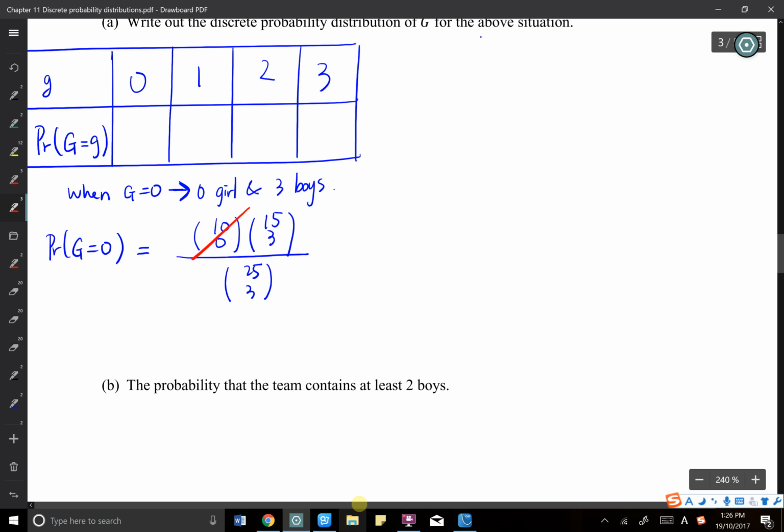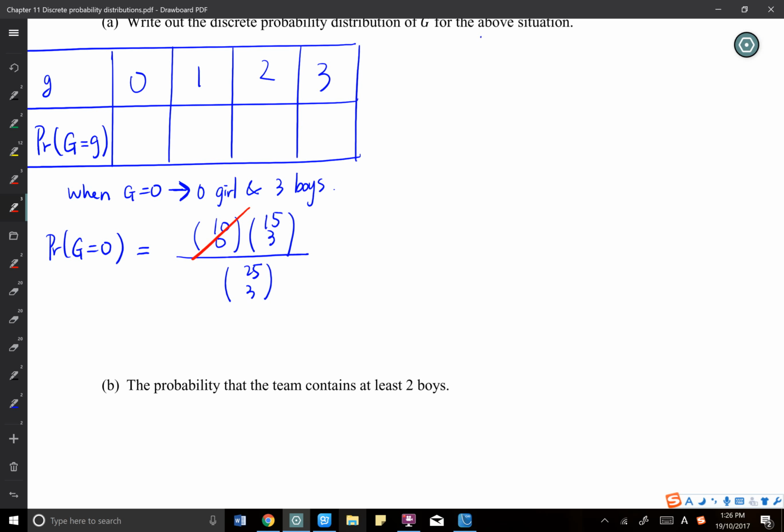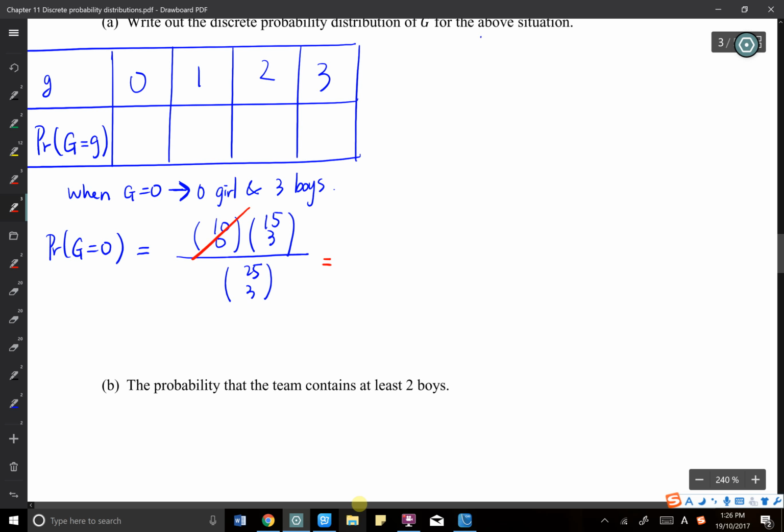If I want to expand that, what does 15 choose 3 equal? What's the formula? The nCr formula: n factorial over r factorial, so that's 3 factorial and 12 factorial in the denominator.